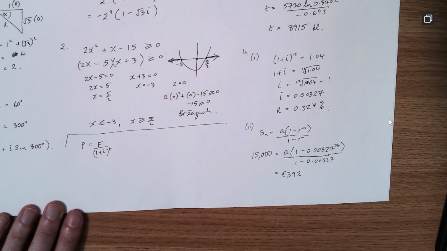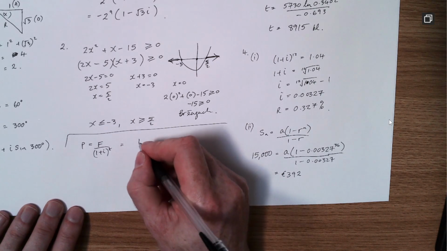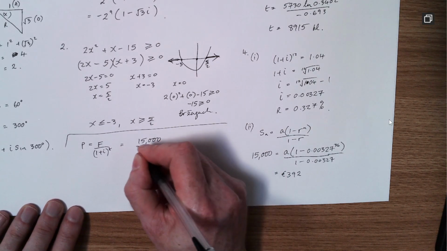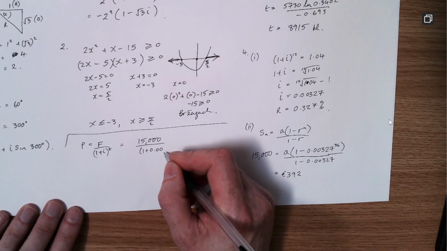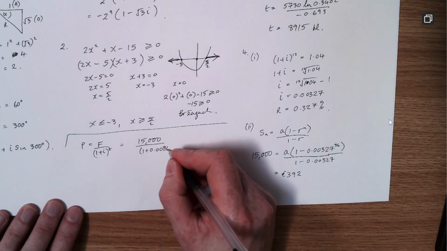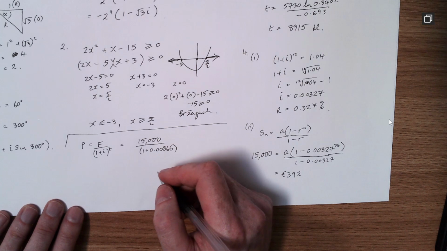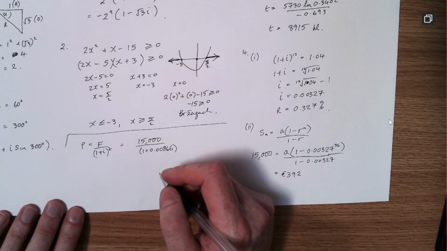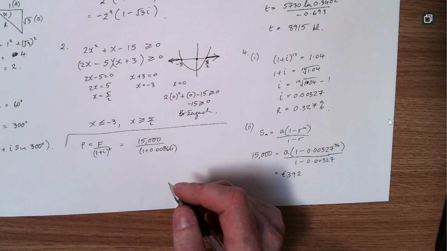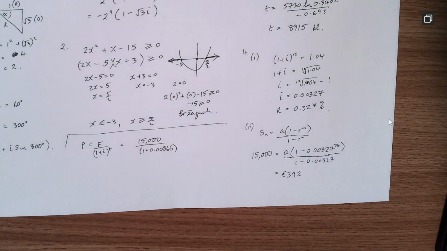That's basically the formula to use here. The full amount was 15,000, and it's 1 plus 0.00866.